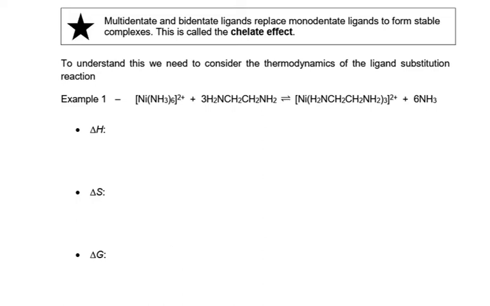In this short video we're going to try and illustrate what is meant by the chelate effect and why reactions involving this are particularly favourable and the complexes formed are stable.